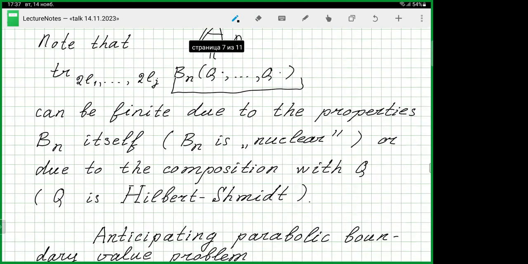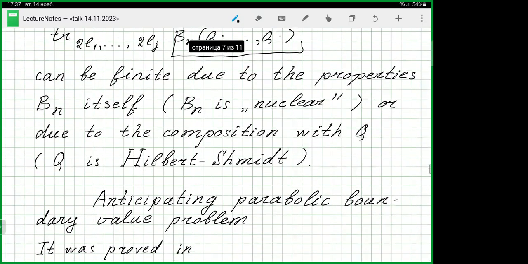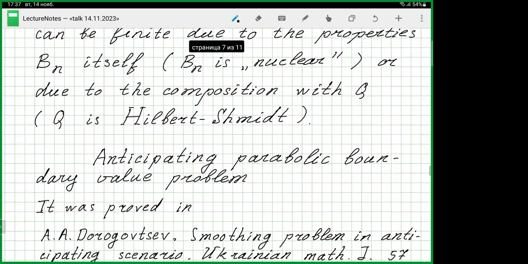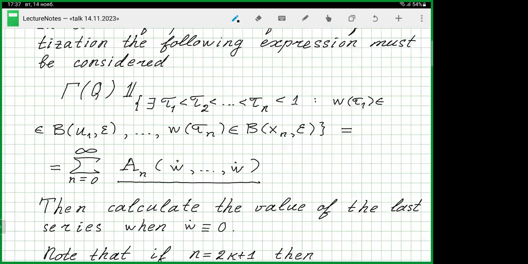Okay. So now, how to find this gamma Q from the indicator that the Wiener process will hit, oh, by the way, here is a mistake, will hit Un, our balls.